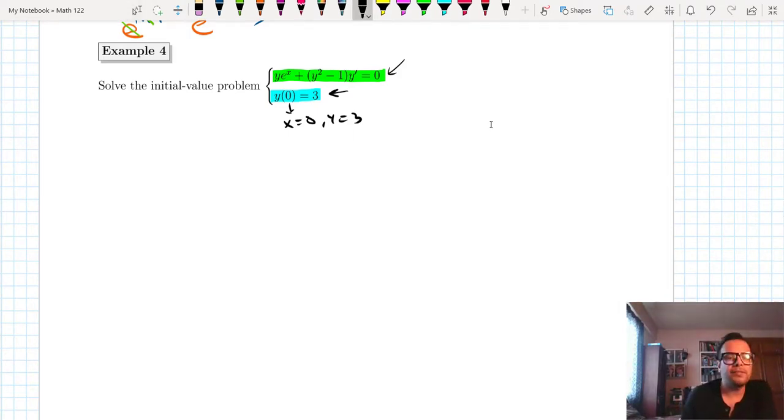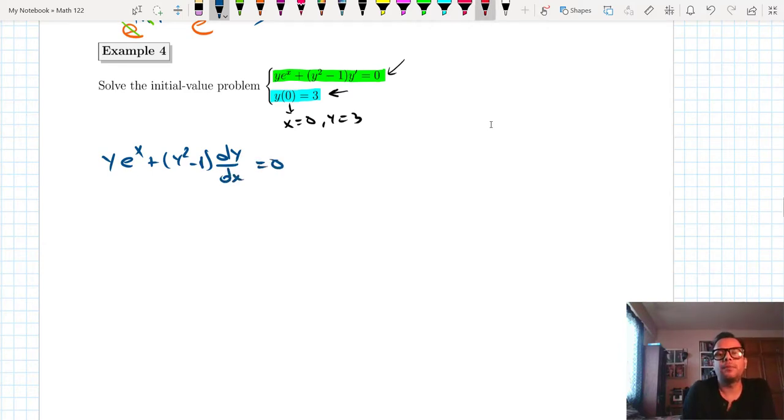All right, so let me write the equation again. y e to the x plus y squared minus 1 dy dx. I'm going to change the symbol of the derivative, equals 0. I'm going to move this whole term to the other side. So y squared minus 1 times dy dx equals negative y e to the x.